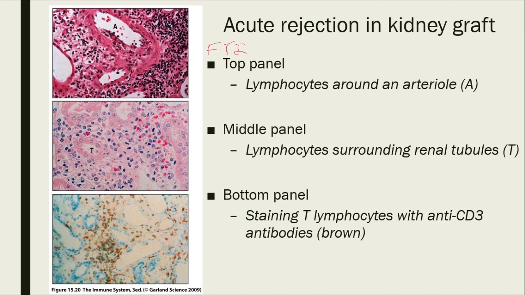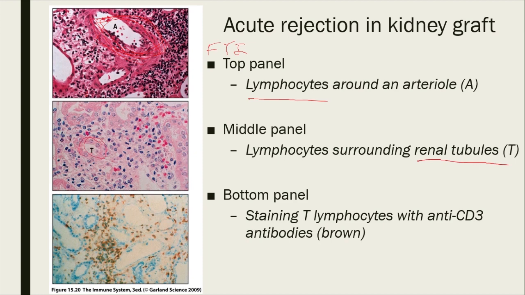Here is just some FYI graph showing you the different types of rejection on a histological type of graph. In the first one, the lymphocytes are these little black or purple dots, depending on your screen. These lymphocytes are going around the arterioles, causing inflammation. In the middle panel, they're surrounding the renal tubules.